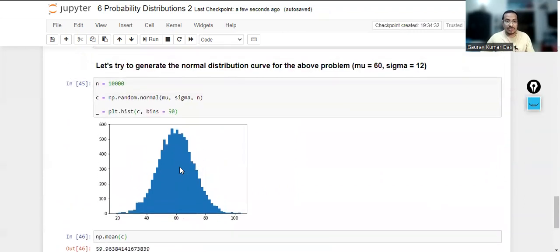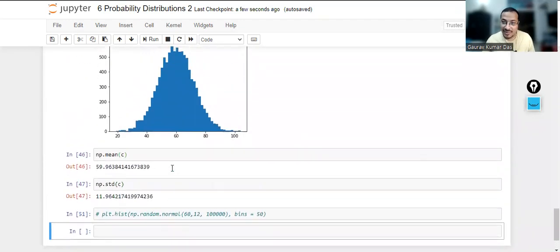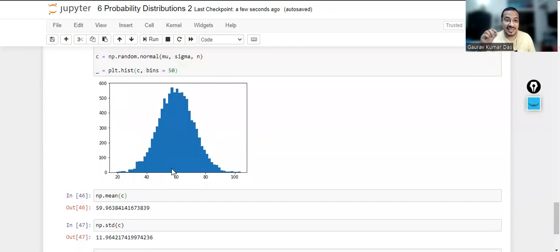Now, if you really wonder, when we studied the NumPy module, we in fact used the NumPy module to generate random integers, random.randint, right? Then we generated decimal values as well using the NumPy module.